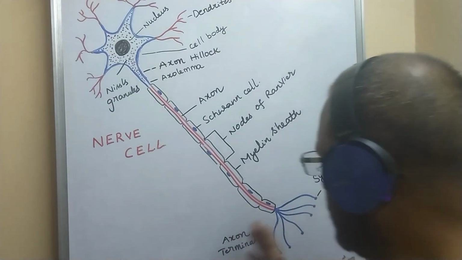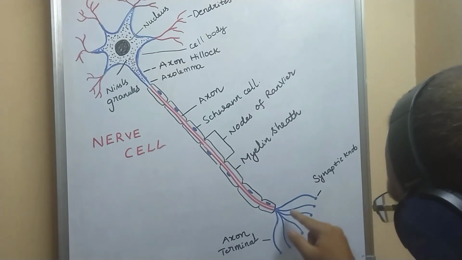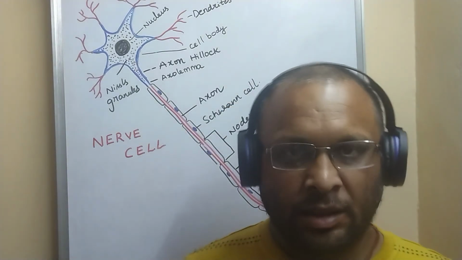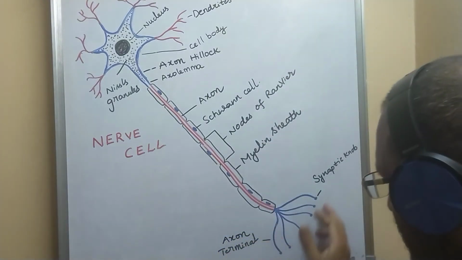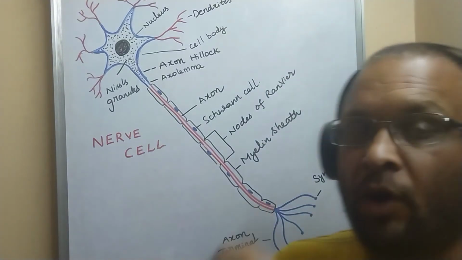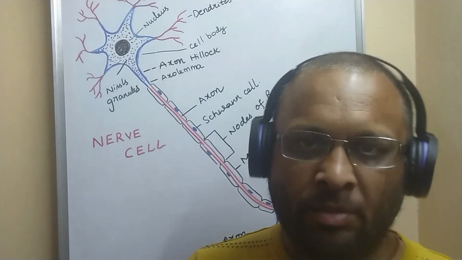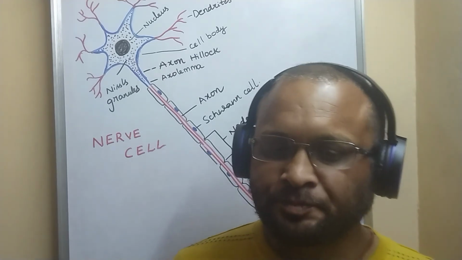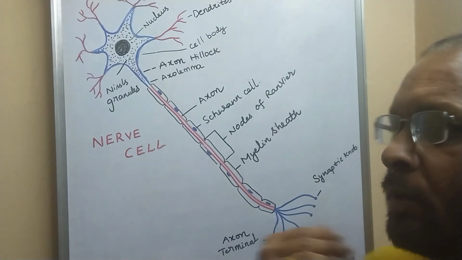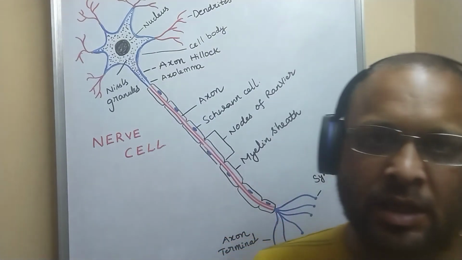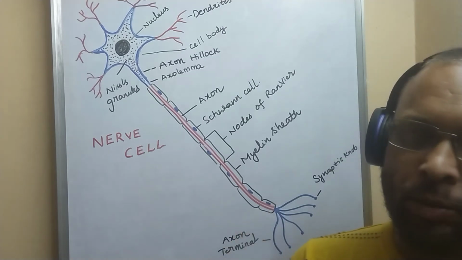These synaptic knobs also innervate the muscles and form neuromuscular junctions. In the human body, around 10 billion neurons are present.